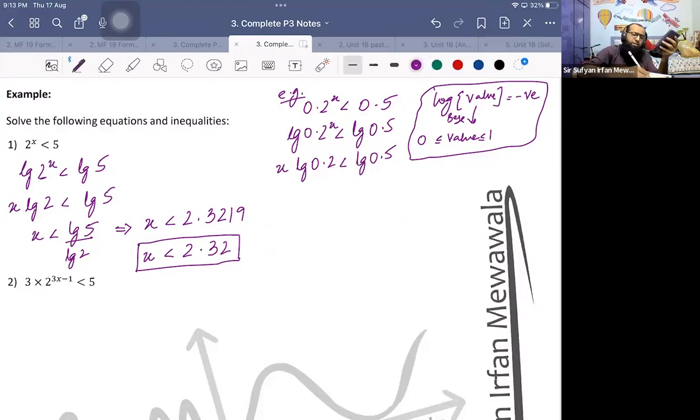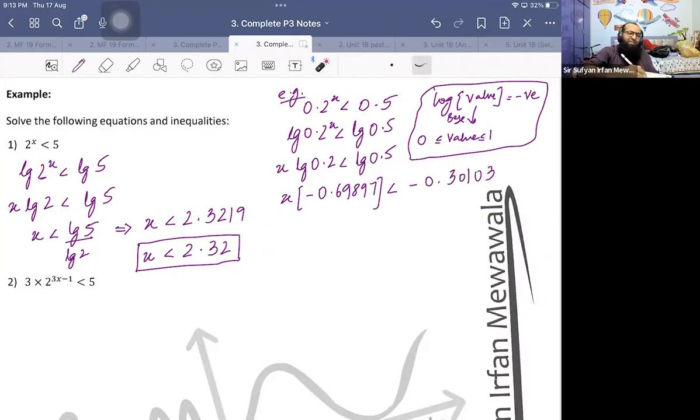So let's suppose if someone does not divide directly, if we do all the steps, then calculate log of 0.2. lg 0.2 is minus 0.69897. And this is less than lg 0.5, which is minus 0.30103. I'm working in 5 significant figures.